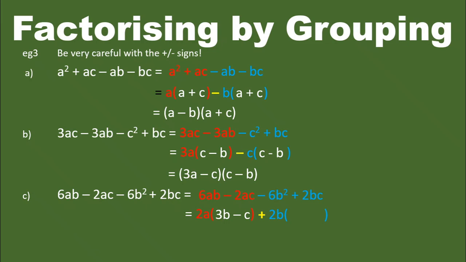In the second set of brackets, if I divide the first term by 2b, negative 6 divided by positive 2 will give me negative 3. And b squared divided by b will give me b, so negative 3b. And the second term, 2bc divided by 2b, will give me positive c.